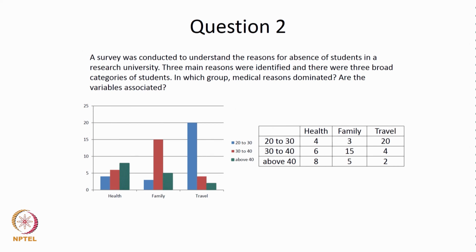We can see from this table that the group of 30 to 40 has a higher family reason, whereas above 40 had a higher health or medical reason. It is possible to find out the association using either chi-square or Cramer's V. Cramer's V being a method that also uses chi-square, we can do that.